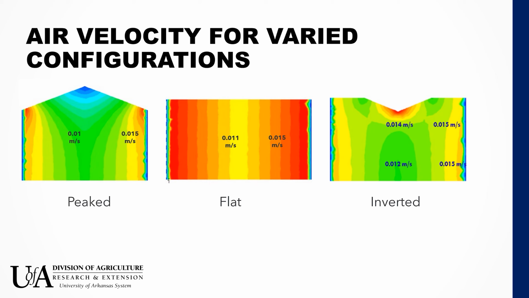When we flatten that bin, which is really the recommended practice, we tend to make the movement of air within that bin much more uniform. The central portion as well as the side portions of that bin tend to have less variability in terms of airflow rates. On the other hand, in the inverted bin configuration, you'd see, again, a huge variability in the airflow rates at the central part and the side part and at the section that has formed a conical configuration.